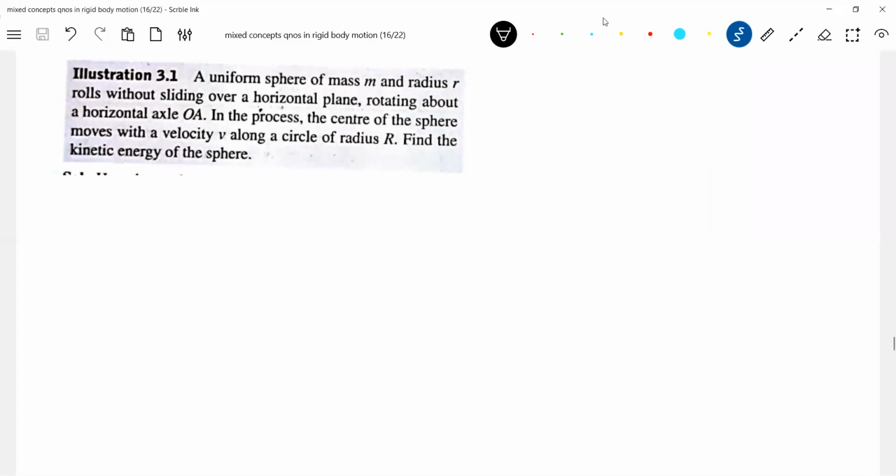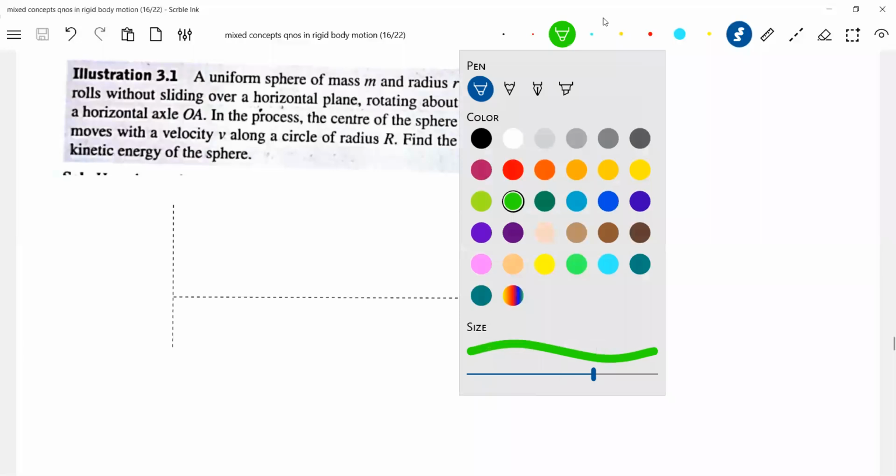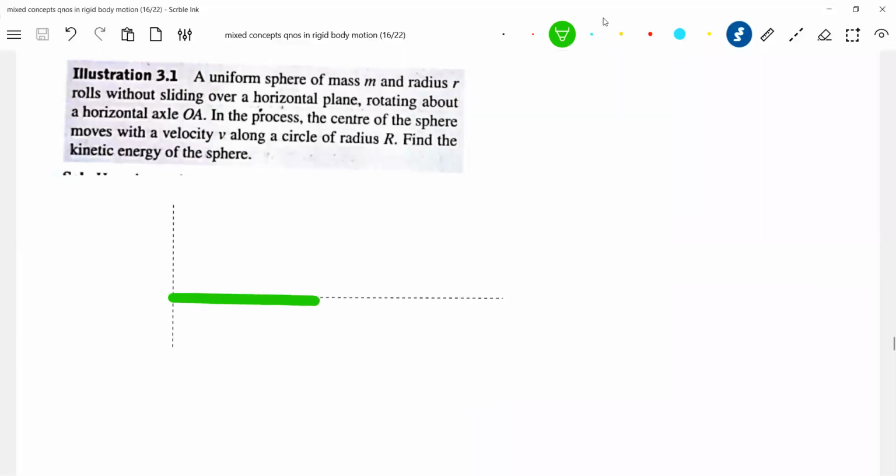Read the question. I'll help you with the diagram. There is a vertical axis and there is a horizontal axis and there is a rod. Then we have a sphere.